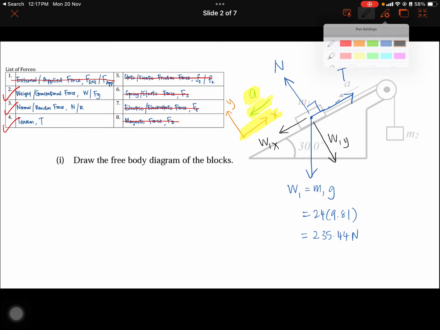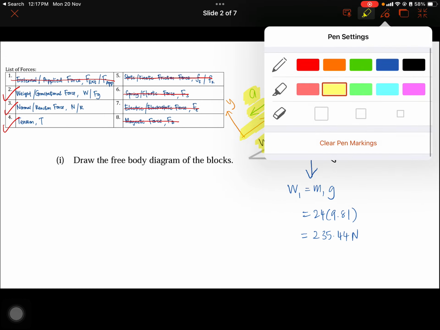The acceleration is going to be caused mainly by the weight of mass 1 on the x-axis, but it will be counterbalanced by the tension. The tension is going to have the opposite direction of the weight. So that is our first free body diagram.